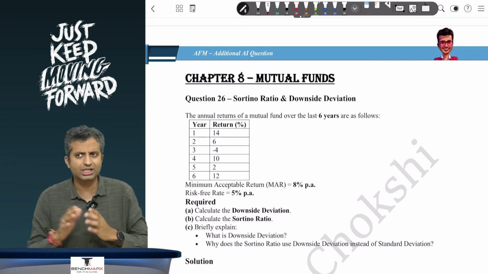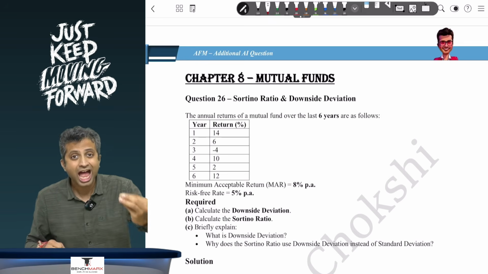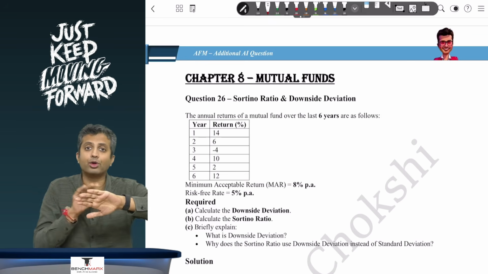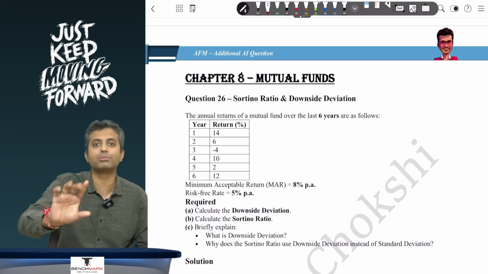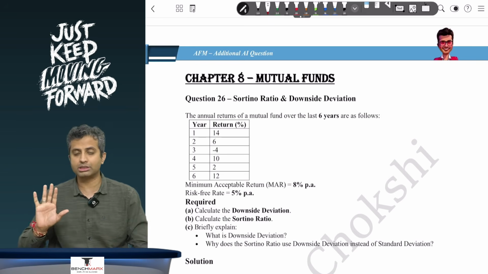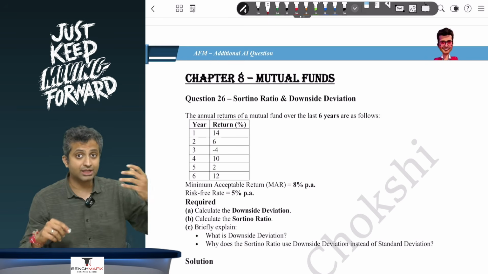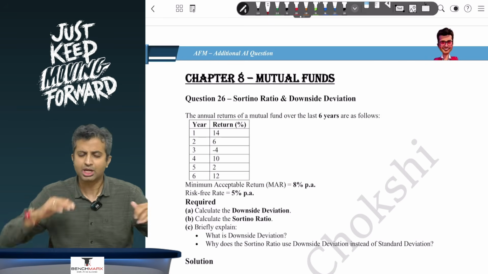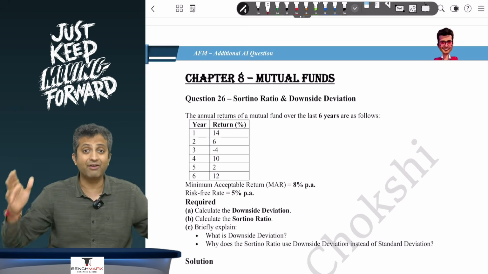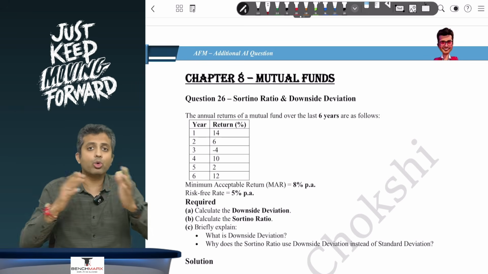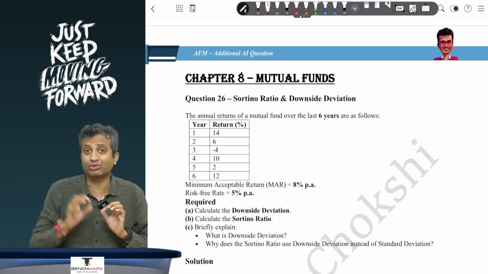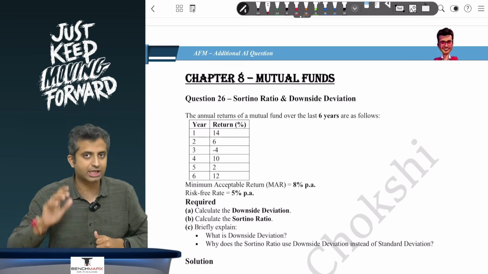So Sortino says you take the minimum acceptable return, and any deviation of your actual return which is just below that minimum acceptable return should be considered. So when I'm doing the standard deviation, I consider all deviations, whether it is above or below the mean. Here, when I look at the Sortino ratio, I want to take the downside deviation.